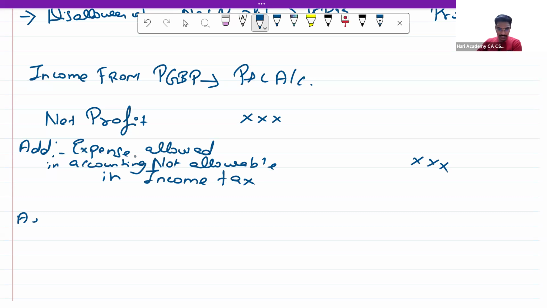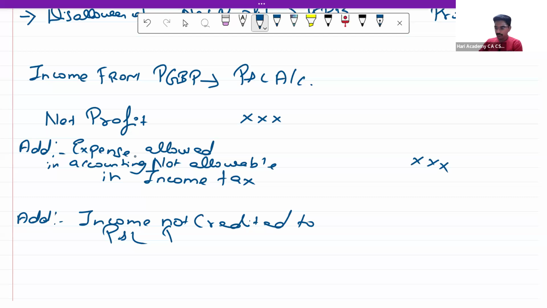The second addition is income not credited to P&L but taxable under the head PGBP.